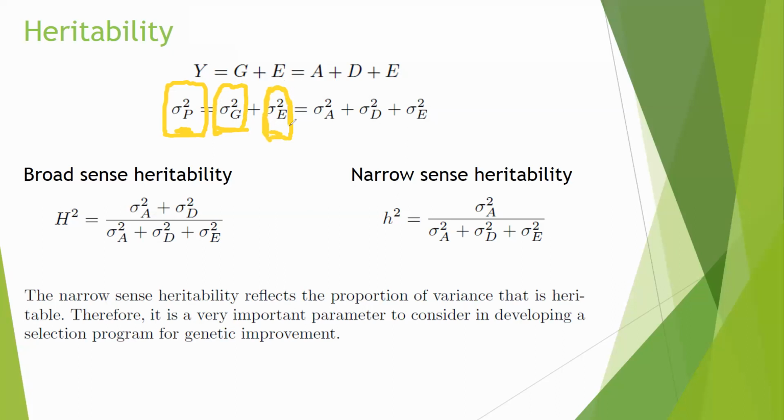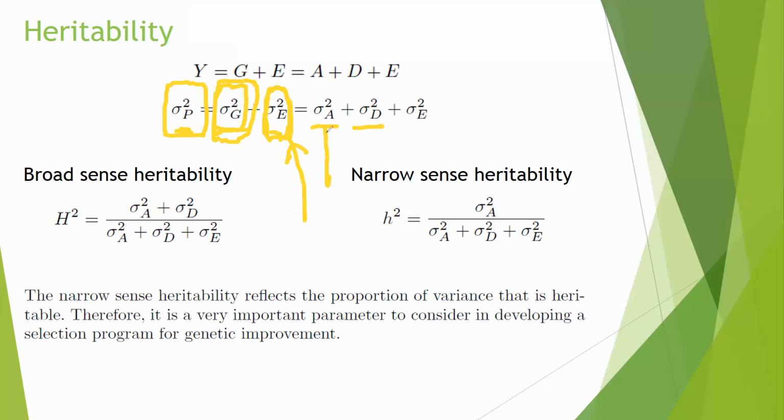Because this variance due to the environment or random error cannot be controlled by us, we don't worry about this part, but we do care about the variance due to the genetic effects. And the variance due to the genetic effects can be further decomposed into two parts.